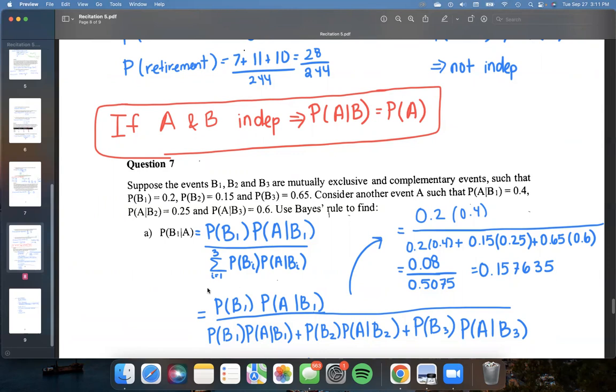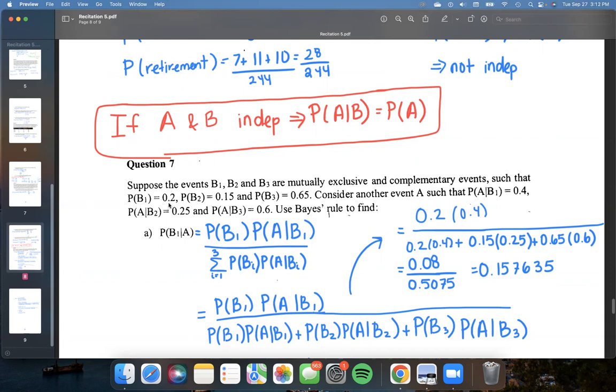So if we plug in what we know and solve: the probability of B1 equals 0.2, and the probability of A given B1 is 0.4. We divide that by this scary looking denominator, but I promise it's not that scary.